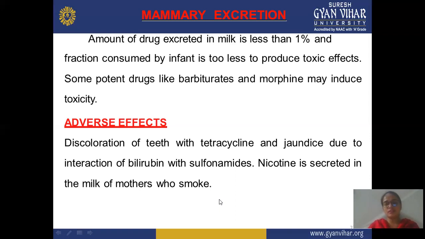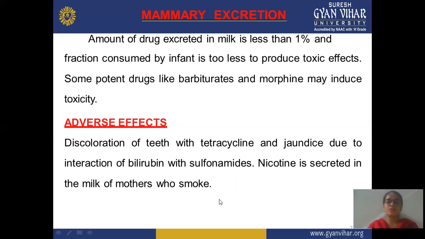Next is jaundice. Jaundice may also be observed in some patients when some drugs interact. One example of drug interaction is bilirubin interacting with sulfonamide. When this type of interaction takes place, jaundice may be observed in some patients. Next, nicotine is secreted in the milk of a mother who smokes.